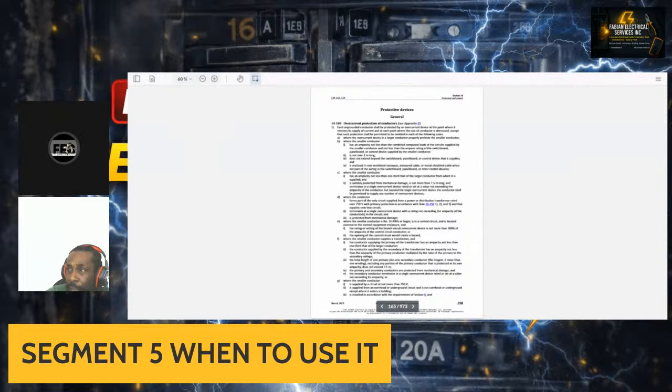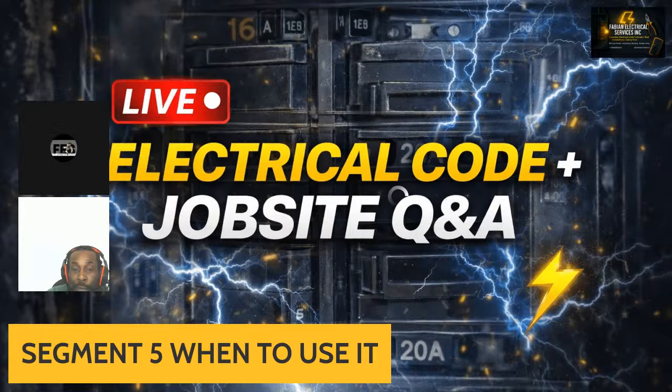The primary and secondary conductors are protected from mechanical damage, and the secondary conductor terminates in a single overcurrent device rated or set at a value not exceeding its ampacity, or where the smaller conductor is supplied by a circuit at not more than 750 volts, a supply from an overhead or underground circuit and is run overhead or underground, except when it enters a building, is installed in accordance with the requirements of Section 6.